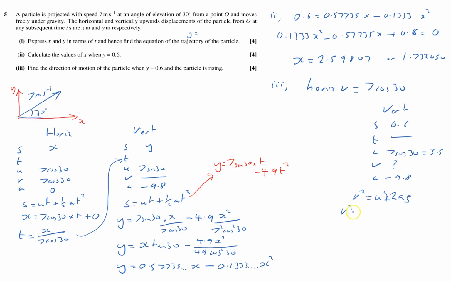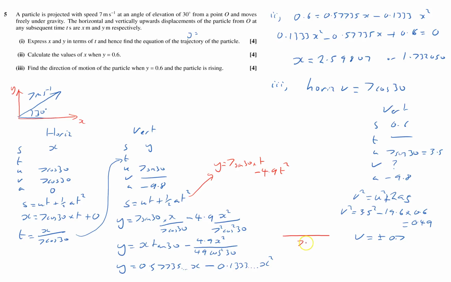So it gives me v squared equals 3.5 squared minus 9.8, that's 19.6, times s which is 0.6, and that equals 0.49, and so v equals plus or minus 0.7, and obviously it's going up, so it's going to be plus 0.7. I'll do it in red again because I'm running out of space.